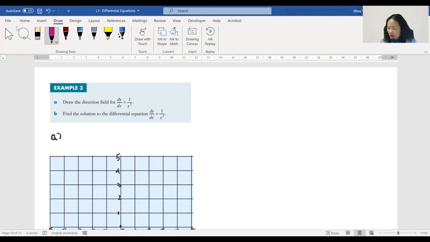So I'm just going to think about that. You don't have to do it, but just predict. Prediction is math, really. One thing you need to think about here is x cannot be 0. So we're going to have an asymptote here.